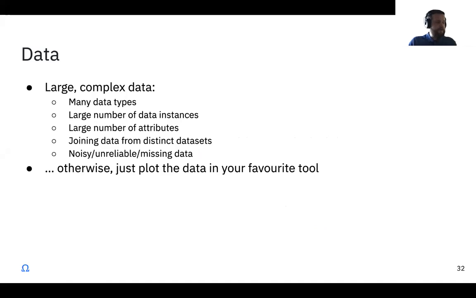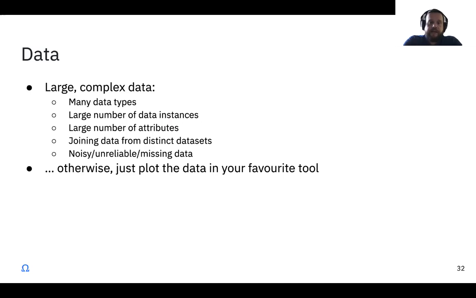So we're saying that we're going with a mapping from data to a visual representation. Let's unpack both of those two terms. Data in InfoVis generally means large and or complex data, which has any or all of the following characteristics.